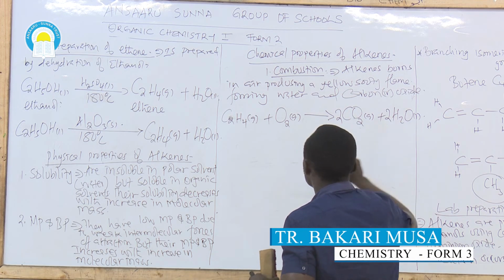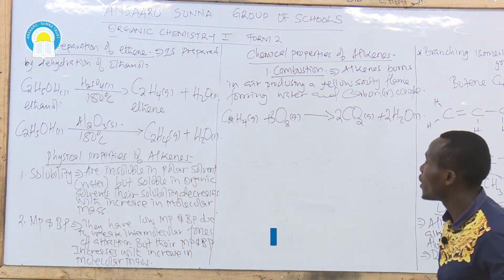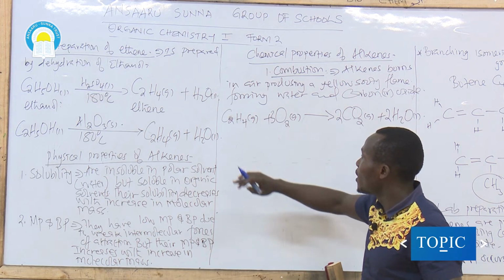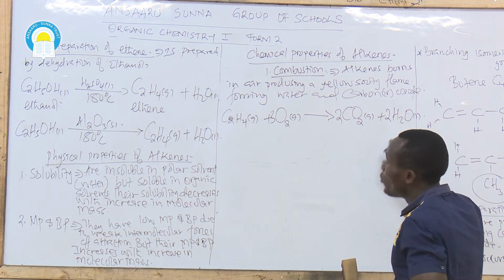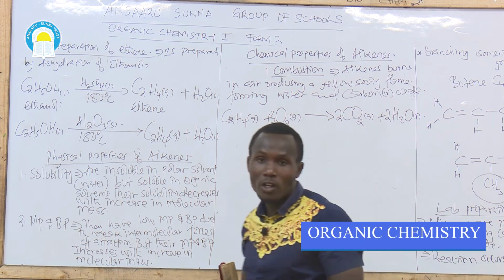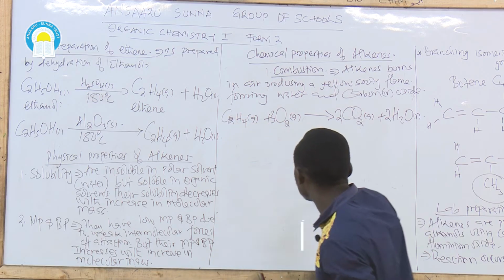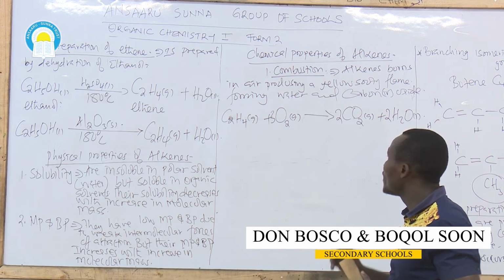So that is 4 plus 2, we put here 3. So 3 moles of oxygen react with 1 mole of ethene, producing 2 moles of carbon 4 oxide and 2 moles of steam, or water if it is cold at room temperature. So this will be the product formed under complete combustion.